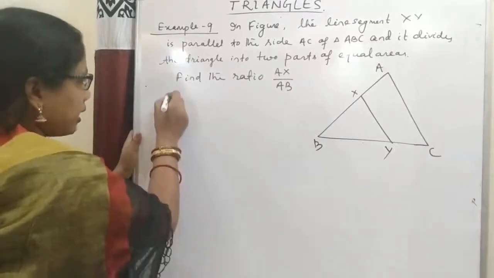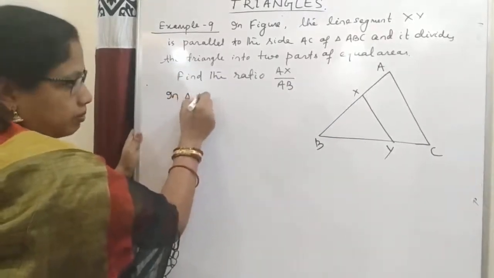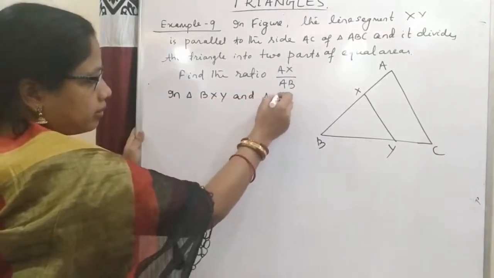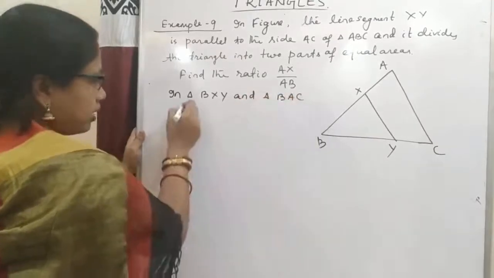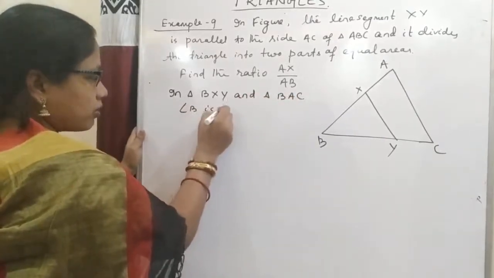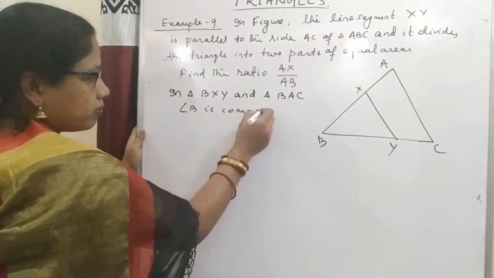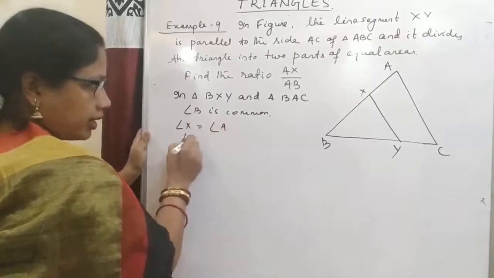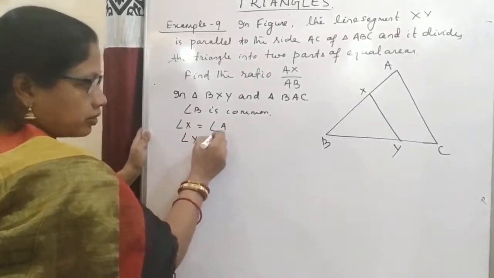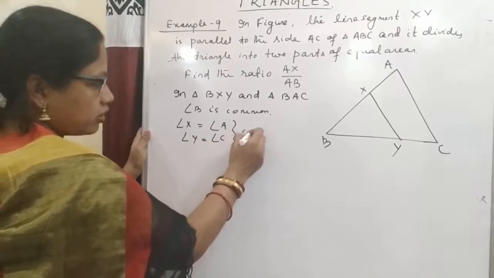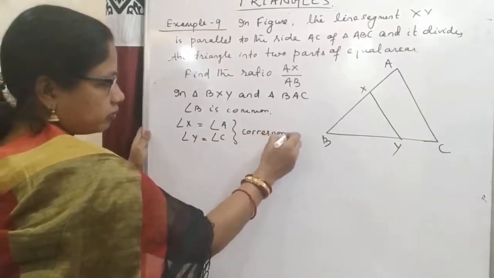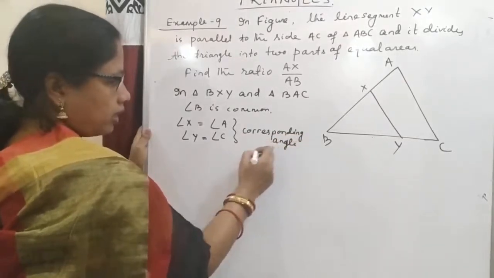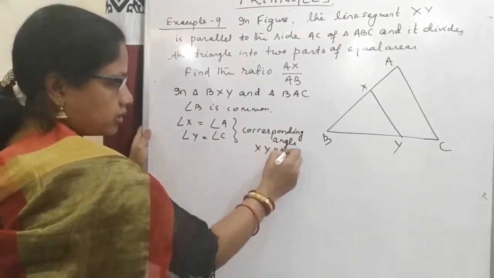So in triangle BXY and triangle BAC, angle B is common, and angle X is equal to angle A and angle Y is equal to angle C. These are corresponding angles, as XY is parallel to BC, given.